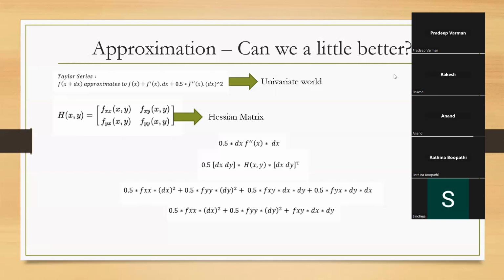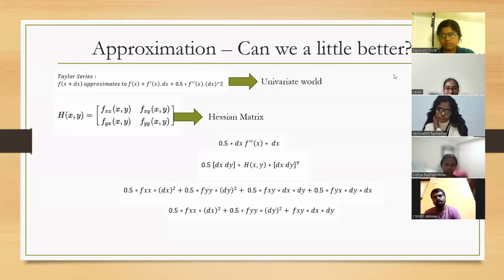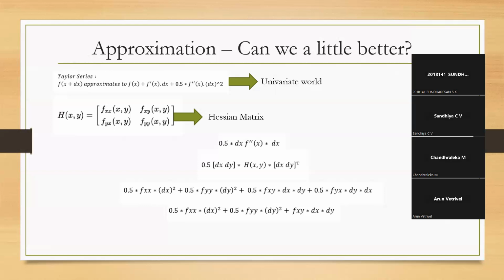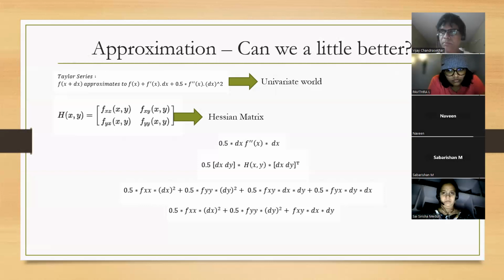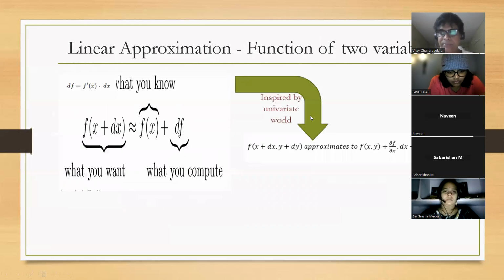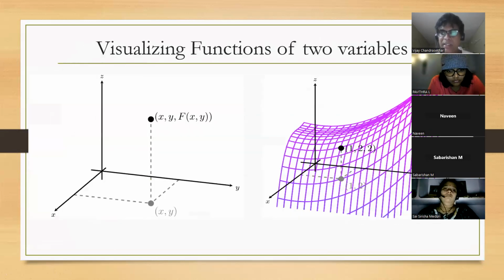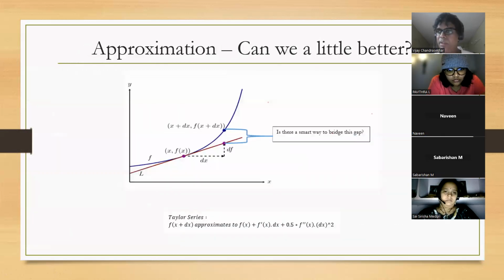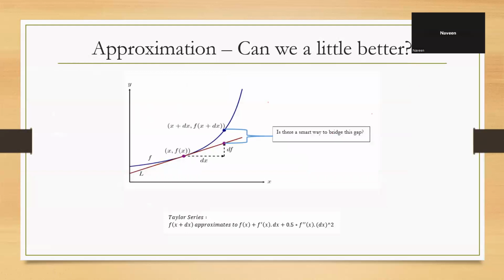Which means we can say a higher order is indirectly proportional to the rate of change of dx, how quickly dx changes or how large it changes. Say that again. Let's say increasing the order will decrease the rate of change. Is that right? No, when we say decrease the rate of change, yes, you can say that. So it's like this. Let's work with the univariate one. With the first derivative I reach here, right?